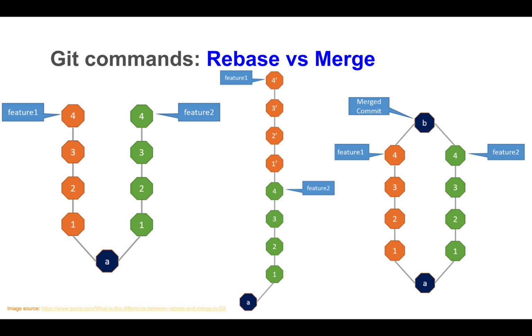Or, for the history to look better in master, before merging you do the rebase. I will show what happens if we do the rebase and then push to Git.